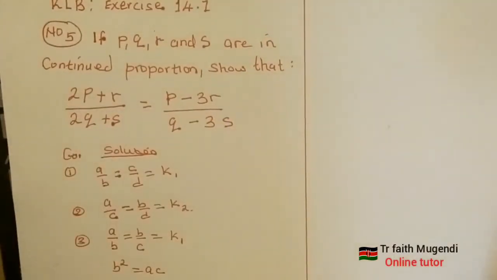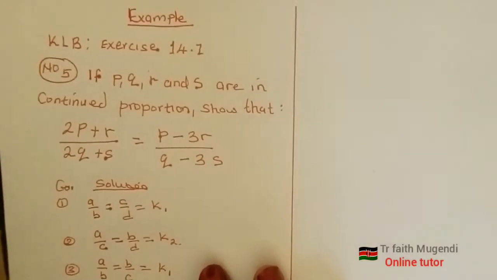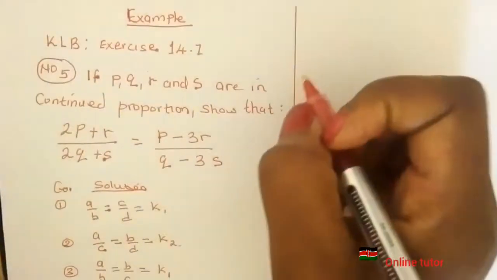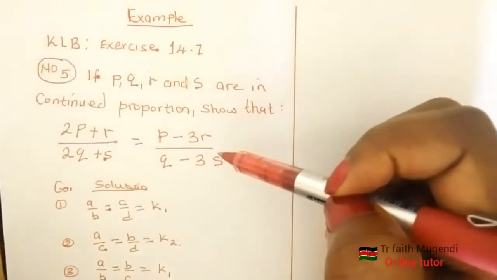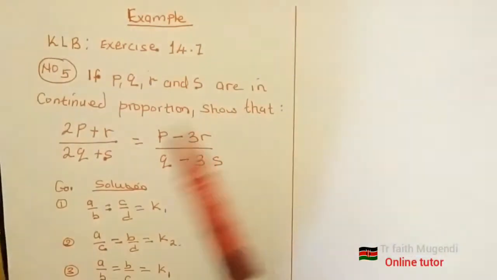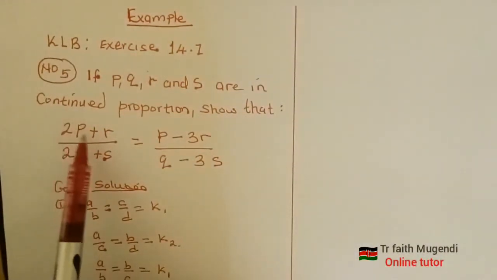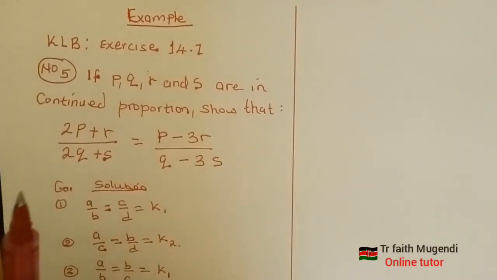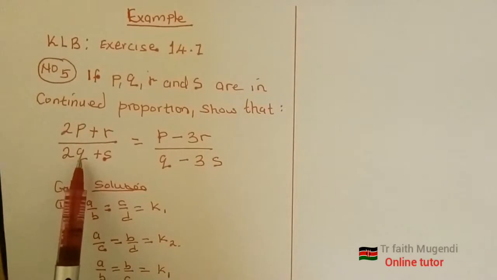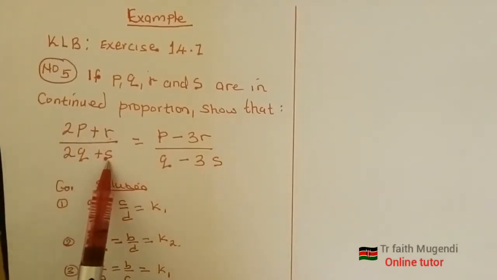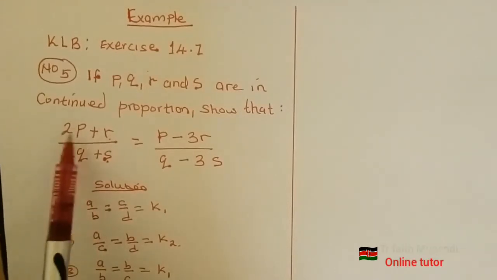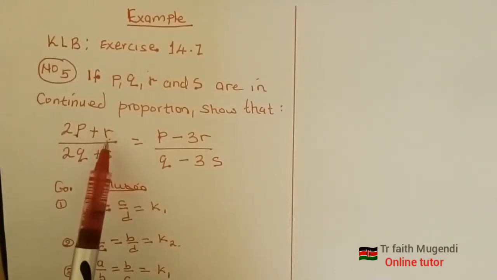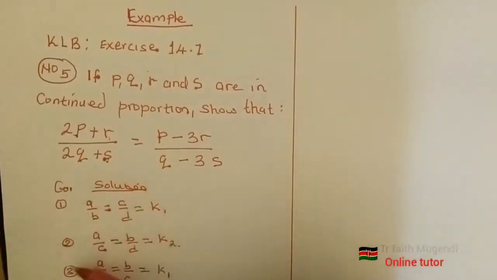Okay. Now, having said that, our argument here is we make these unknowns uniform. So I want to put either P to become Q and R to become S, or Q to become P and S to become R, using only these three guiding principles.